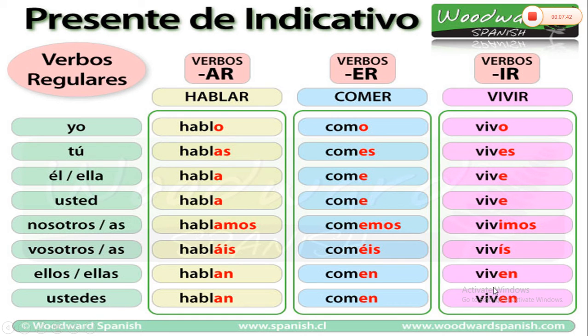Ustedes viven, you all live. If you don't know the difference between ellos and ellas and vosotros and vosotras, then I suggest you go back to my video where I explained about the subject pronouns. You will have a clear idea.